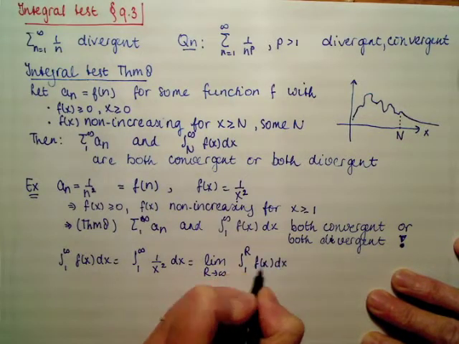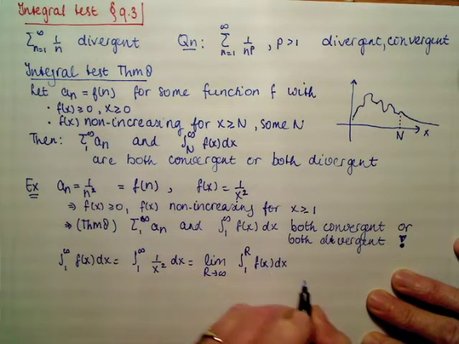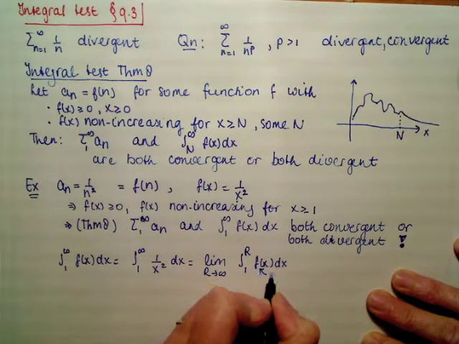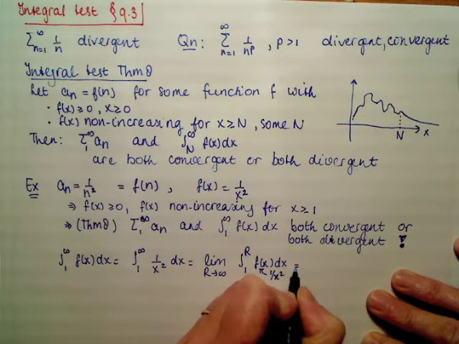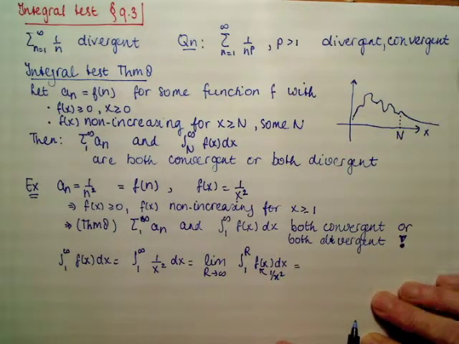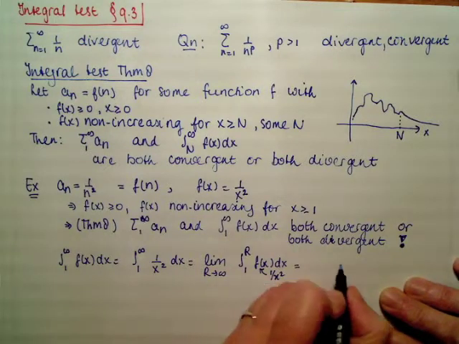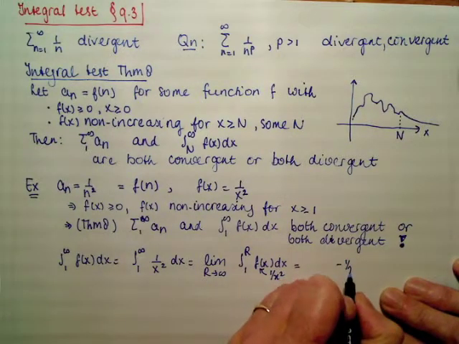So okay, we can replace f of x by 1 over x squared. And if we look at the primitive of the function 1 over x squared, this is equal to minus 1 over x.